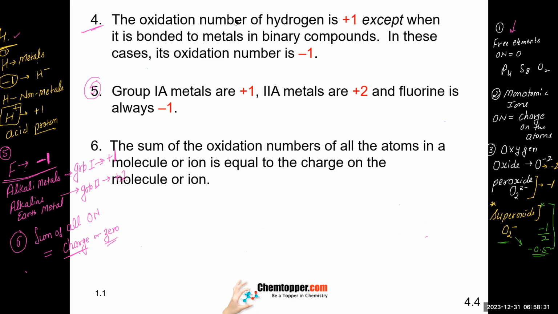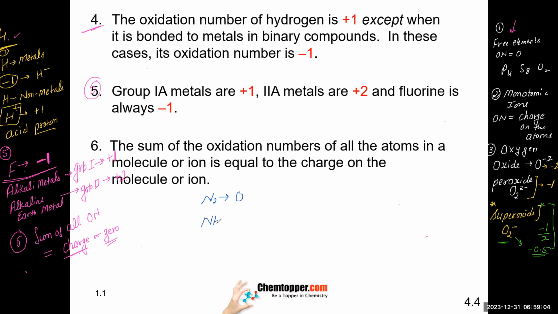So all of you are answering now. N2, oxidation number. Rule number 1, pure element, free element. What's the oxidation number of N2? 0. Very good, Ashita.